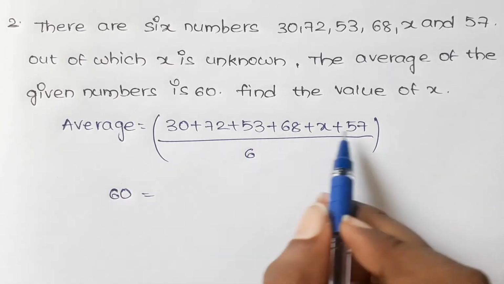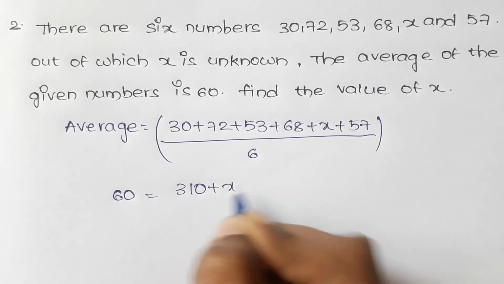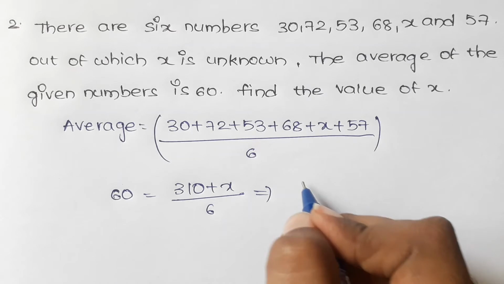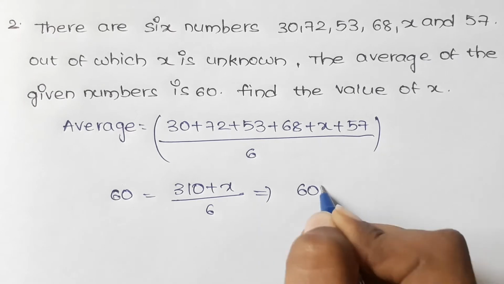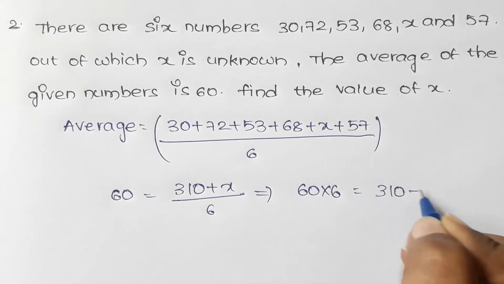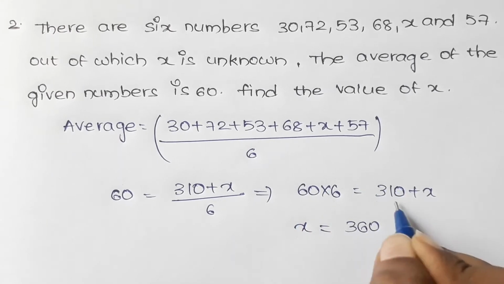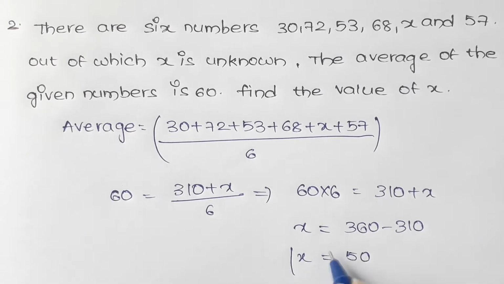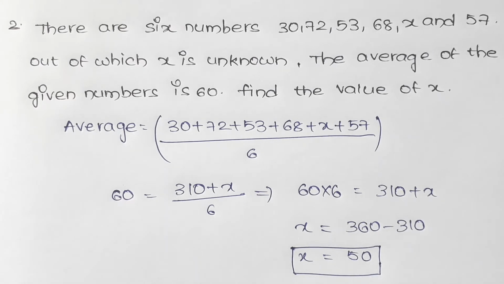And now the sum of all these numbers is 310 plus x, by 6, and from this we have to find the x value. The 6 is taken to the opposite side, that is 60 into 6 equals 310 plus x, and now x value is 360 minus 310, that is x value is 50.